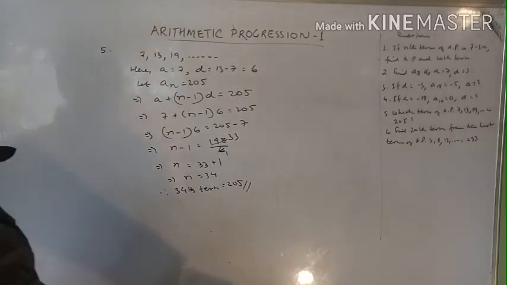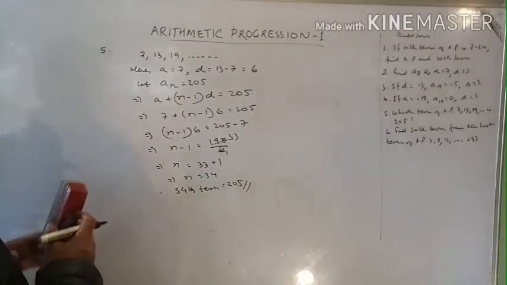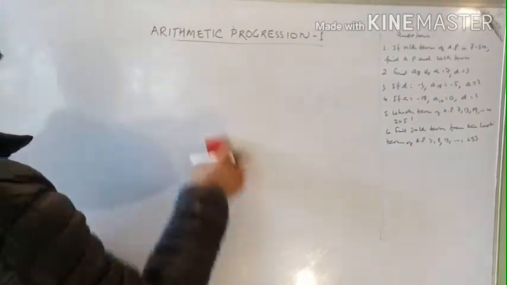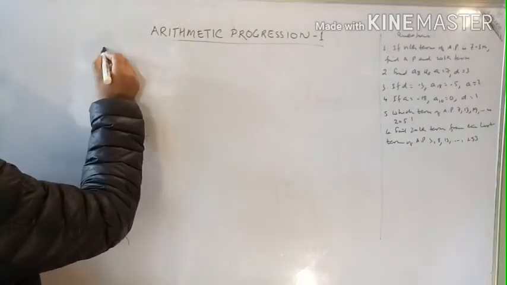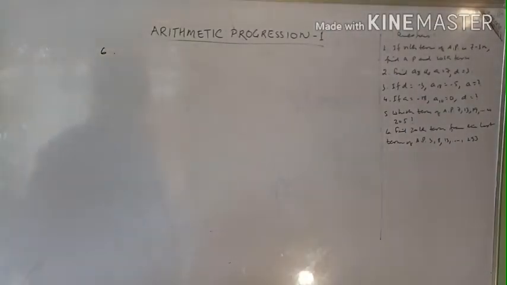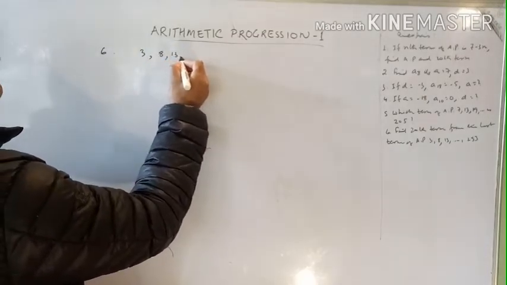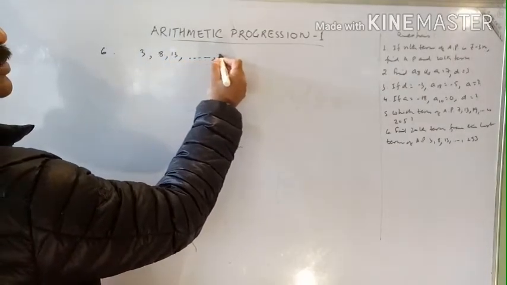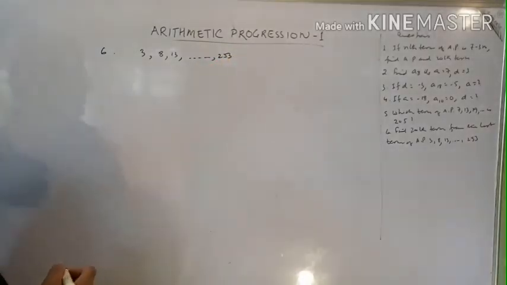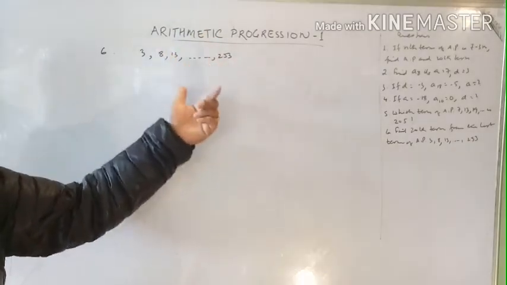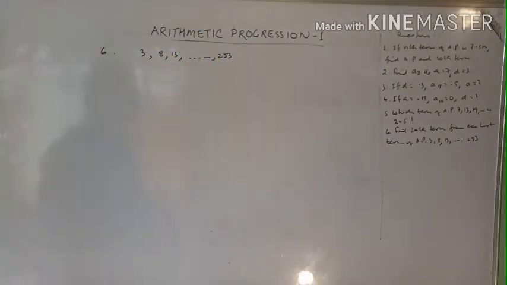Now question number 6. It says find the 20th term from the last term of the AP, and the given AP is 3, 8, 13, up to 253. So we have to find the 20th term from the end, not from the beginning.